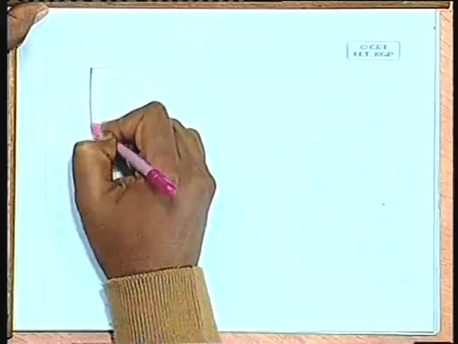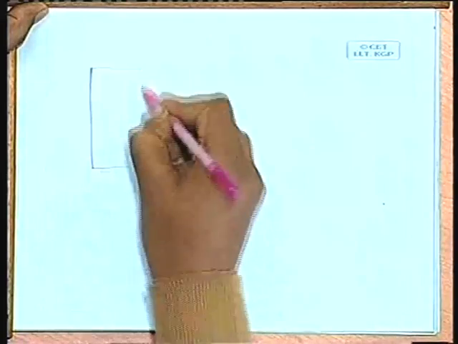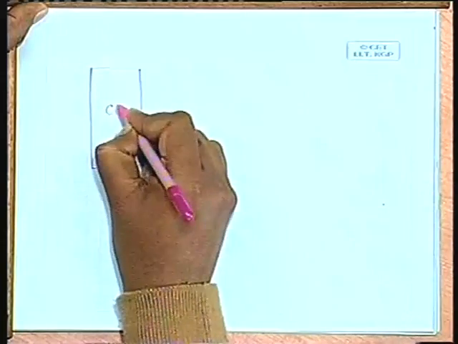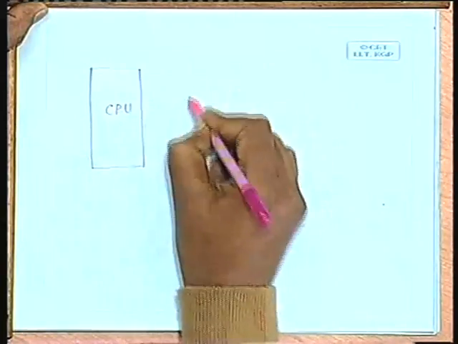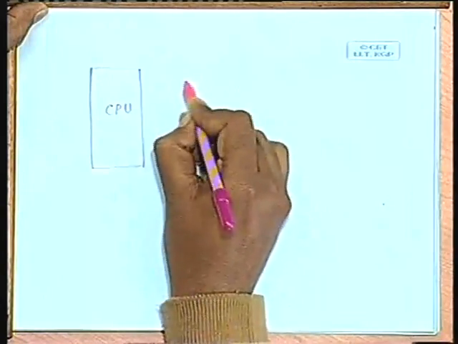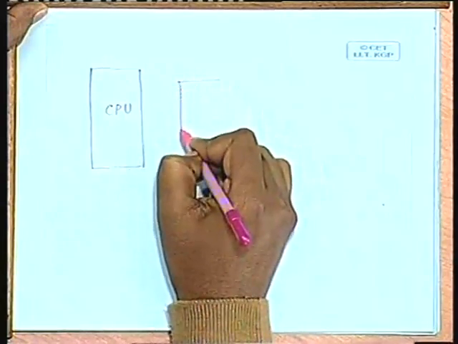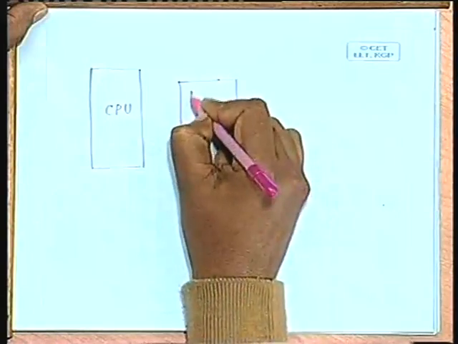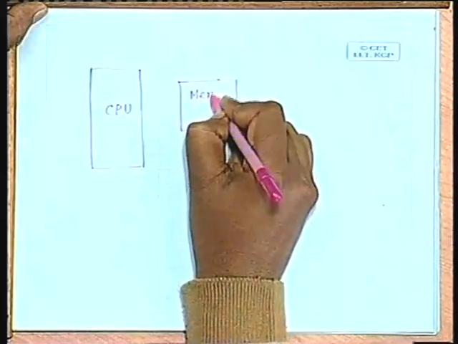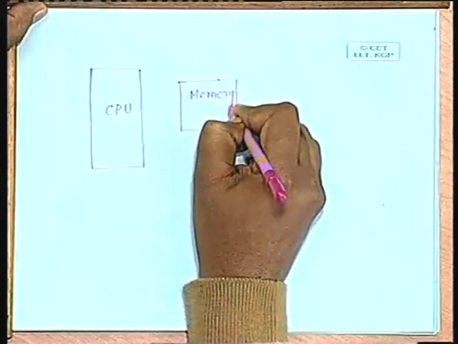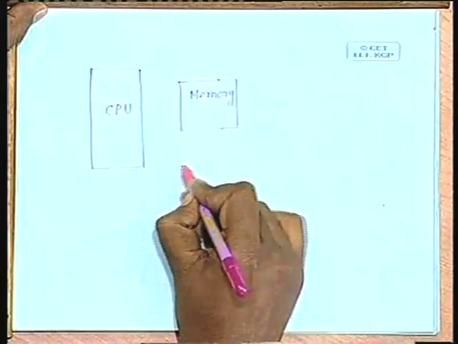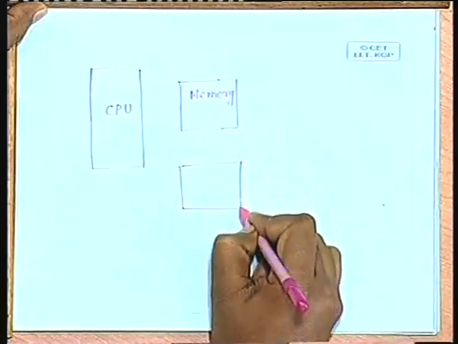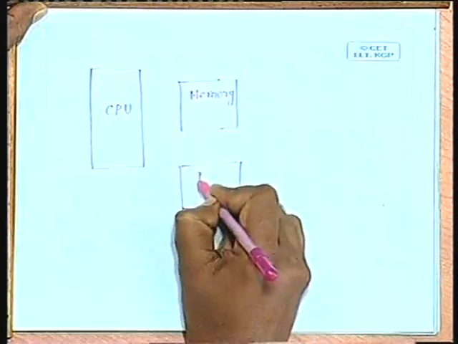We have to have a CPU, or central processing unit. We must have some memory, and we also must have some input output device, or in short, I/O device.